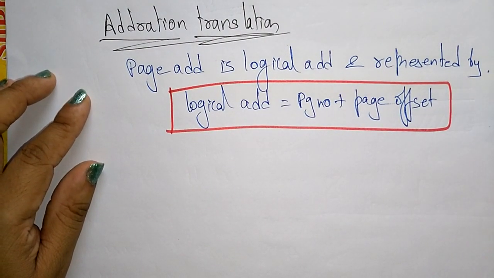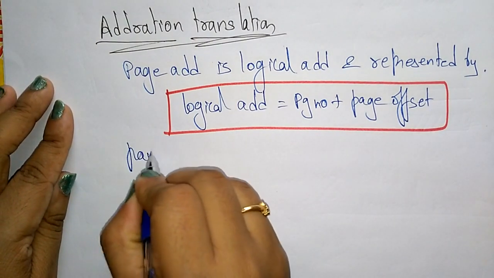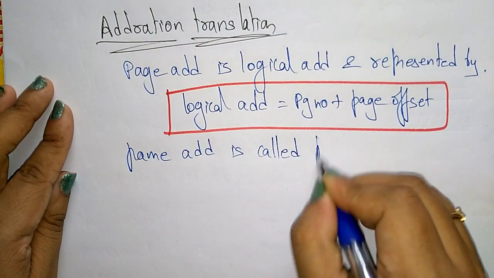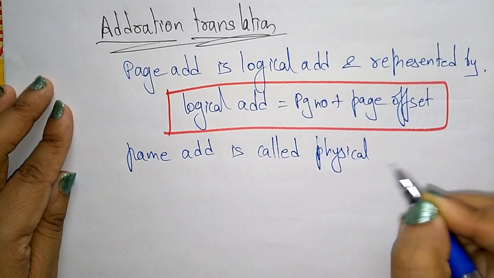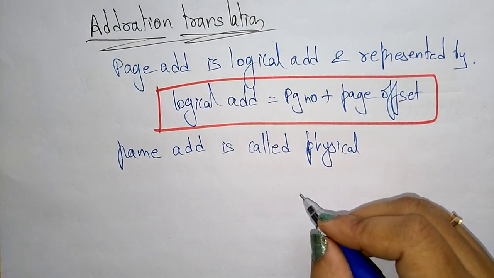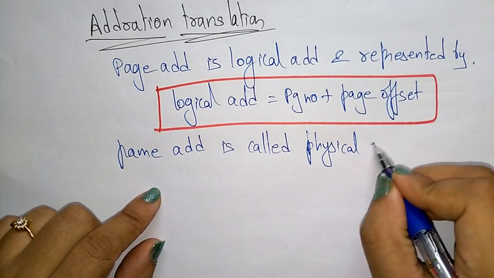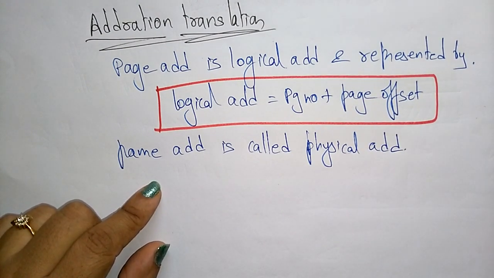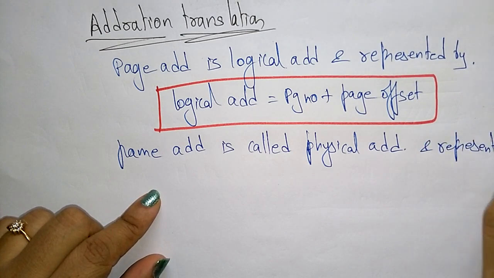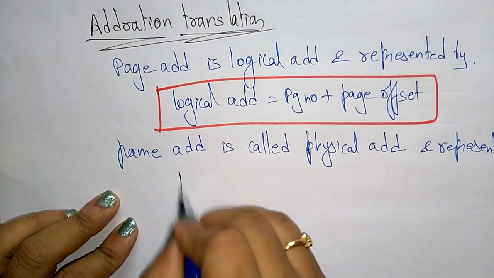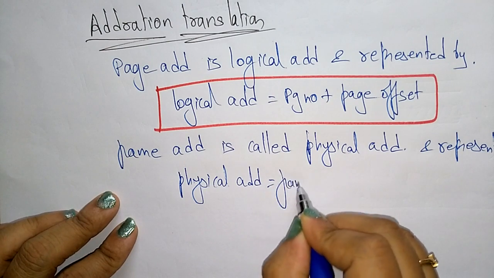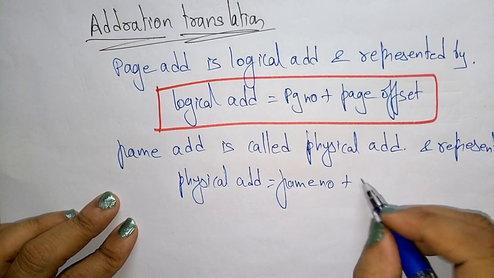Coming to the frame, the frame address is called the physical address, because we are dividing the main memory into frames, and the main memory is the physically installed memory. The frame address is called the physical address and is represented by physical address equals frame number plus page offset.